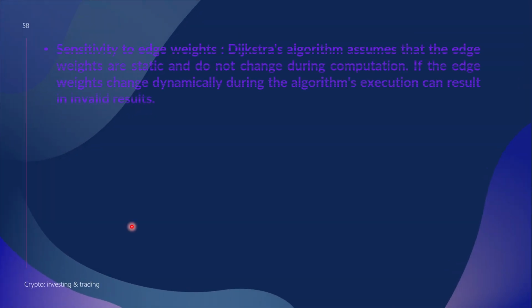Okay, so next up is sensitivity to edge weights. Dijkstra's algorithm assumes that the edge weights are static and do not change during computation. If the edge weights change dynamically during the algorithm's execution, it might produce an invalid result. So you already saw through the example that weights cannot change as per Dijkstra's algorithm.